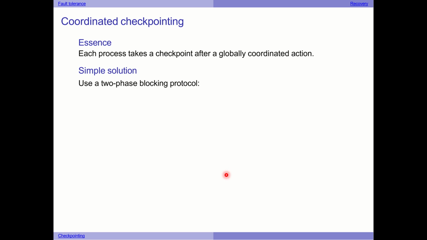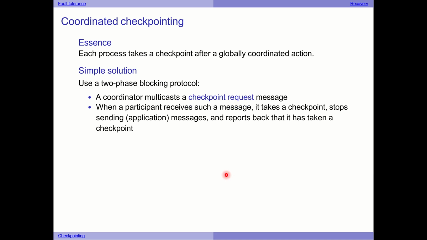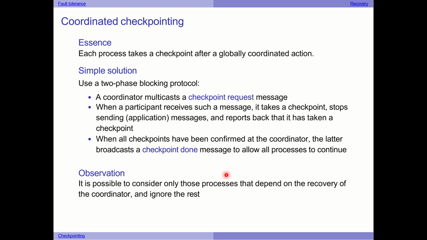Then when we talk about checkpoints, there are two types. First is the coordinated checkpoint, and second is the independent checkpoint. What is the difference between them?